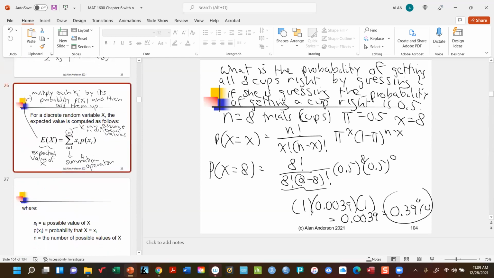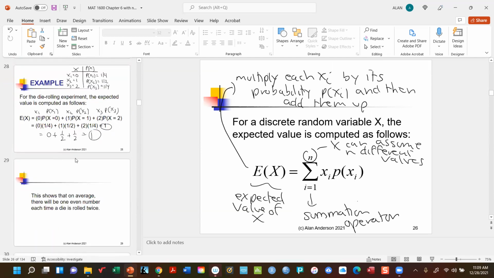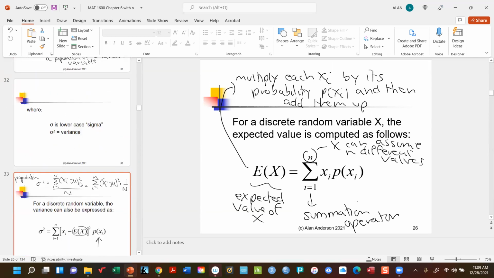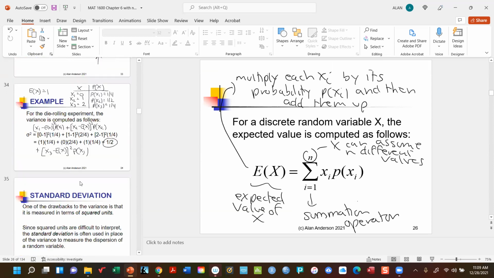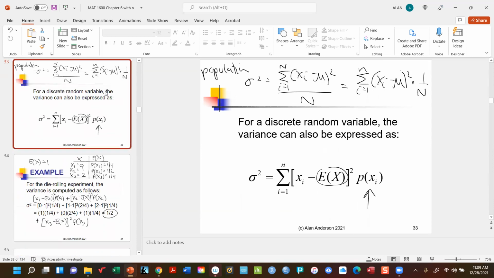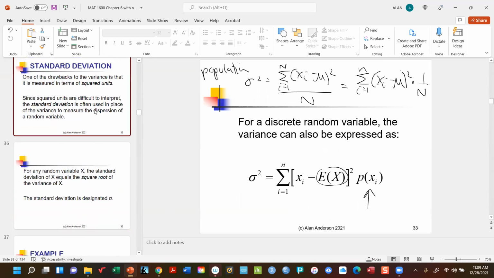The expected value is calculated here by multiplying each x by its own probability and adding them up. The variance looks like this, similar to the population formula. And then, of course, the standard deviation is simply the square root of the variance.